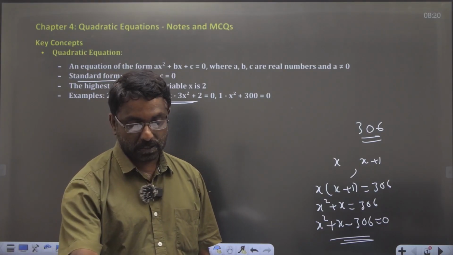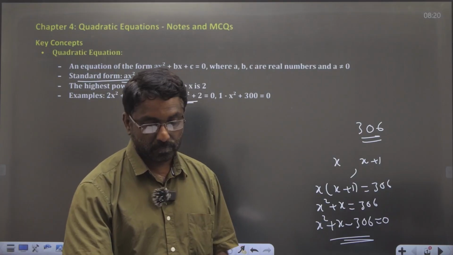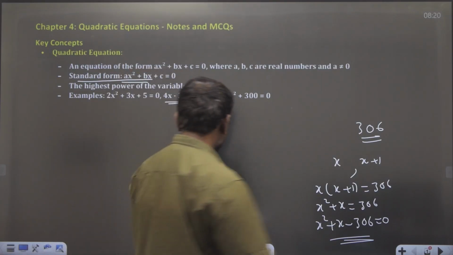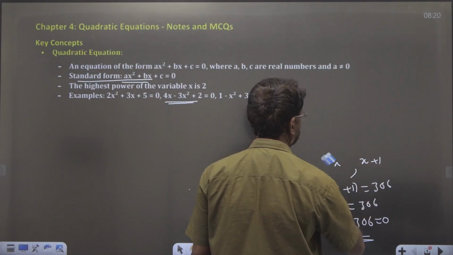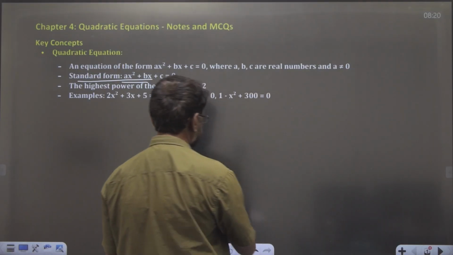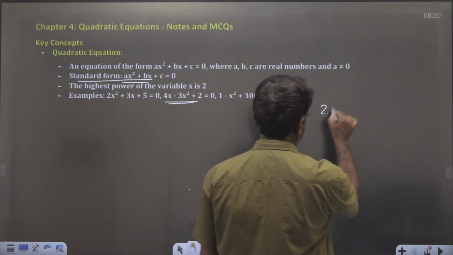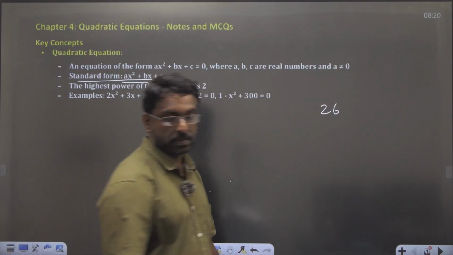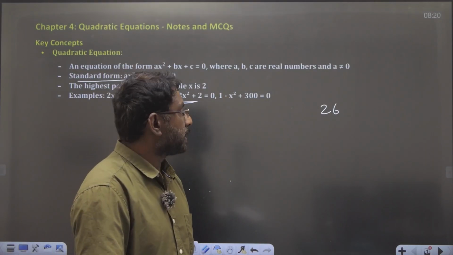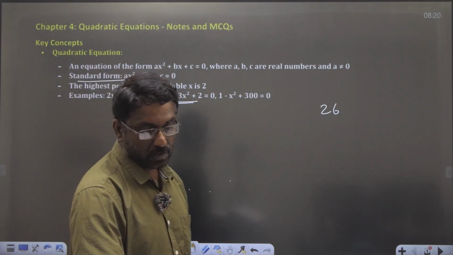And the next question. Rohan's mother is 26 years older than him.